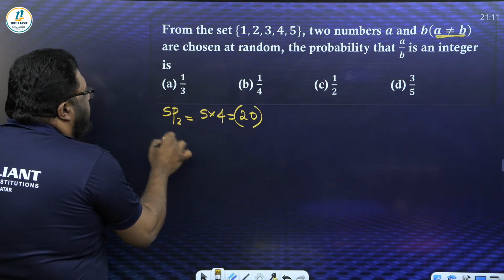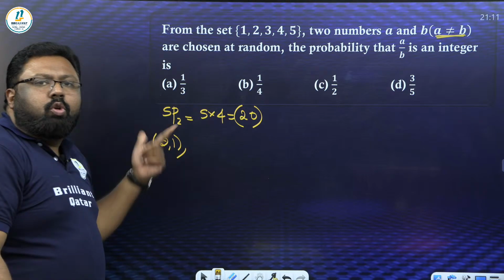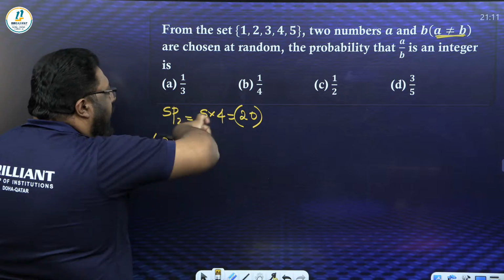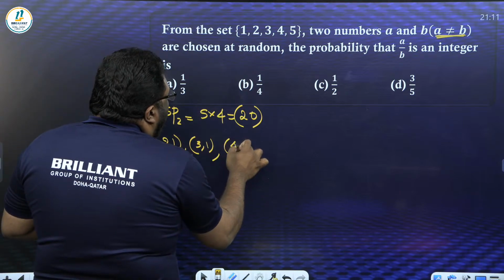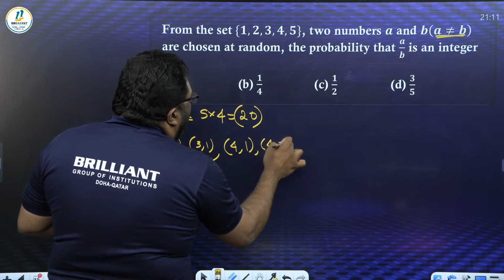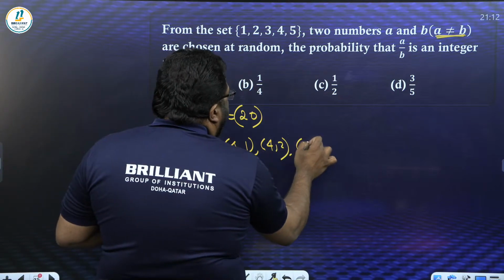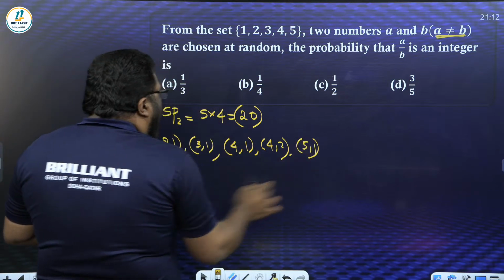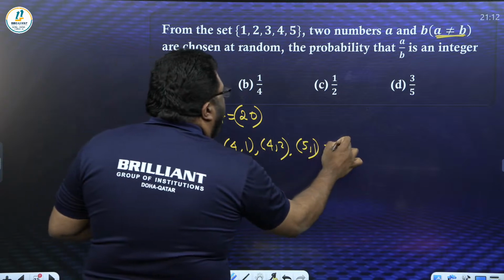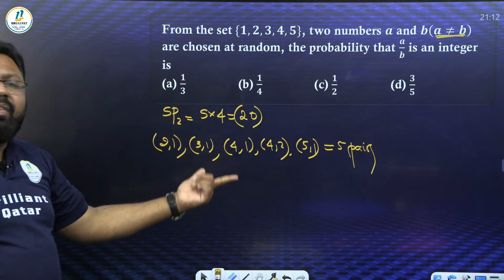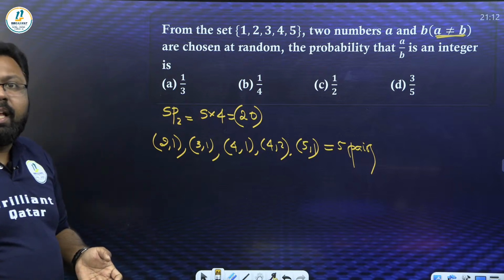The first pair is 2, 1. 2 by 1 is an integer. Then 3, 1. 3 by 1 is an integer. 4, 1 and 4, 2. 4 is the only number with 2 pairs, and then 5, 1. So in total I have 1, 2, 3, 4, 5 pairs. How many pairs, my dears? I have 5 pairs, which is the answer.